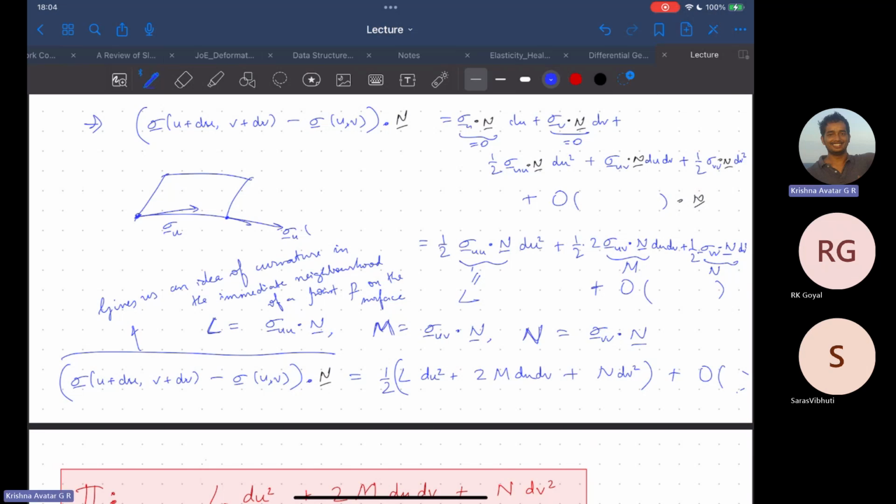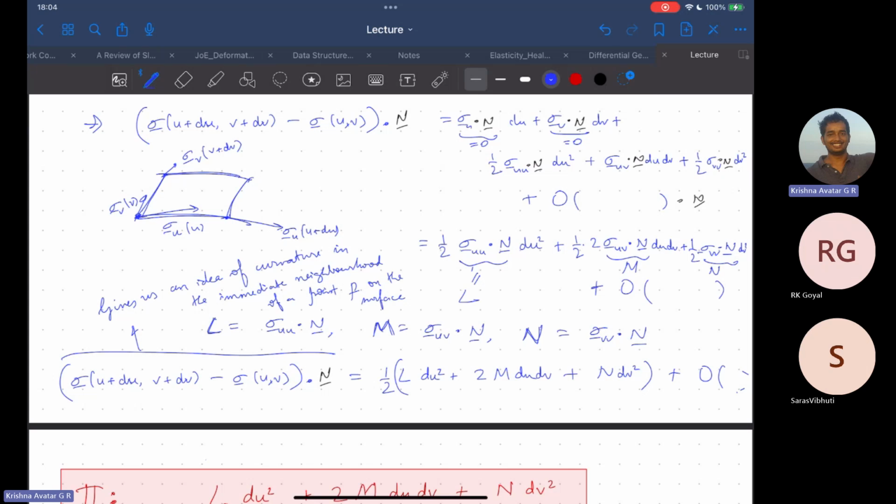Likewise, this is sigma v at v, and at this point the tangent vector is sigma v at v plus dv. Because this is u equal to constant lines and this is v equal to constant lines. So that is the reason I'm hiding the other argument.